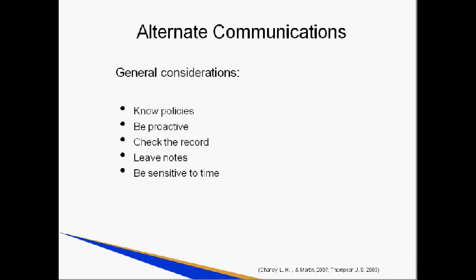Now, generally, for technology as well as face-to-face communication, we should know the policies. The policies will make it clear what we need to do and how to act. And we also must be proactive in the way we communicate. So we need to let the patron know what the problem is.